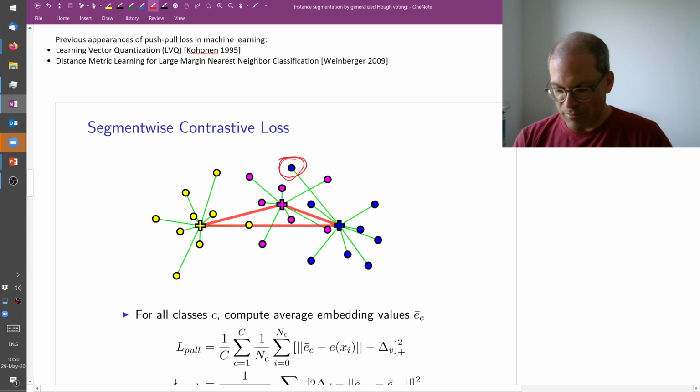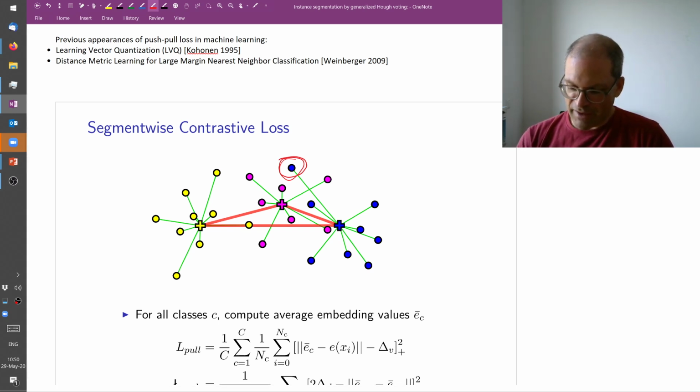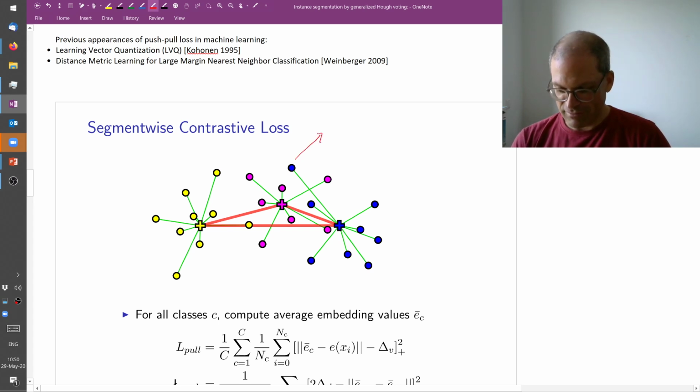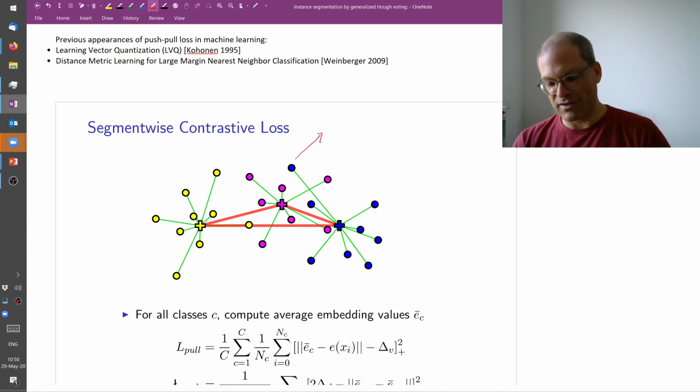By the push-pull loss, by the pull loss, the blue one gets attracted to the other blue ones, but by the push loss, so if, for example, I compare this blue one with all the purple ones, it will get a net force of something like that. Yeah? So the pull loss does the right thing, but the push loss somehow sends this in a weird direction.